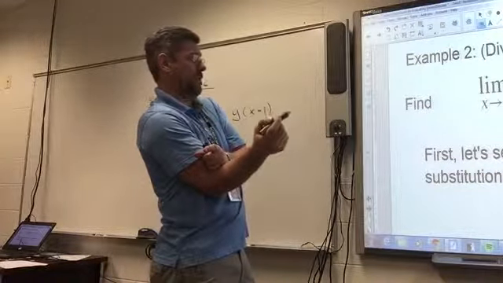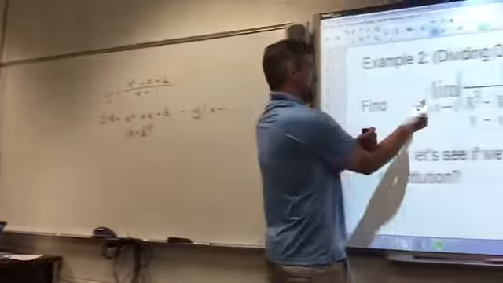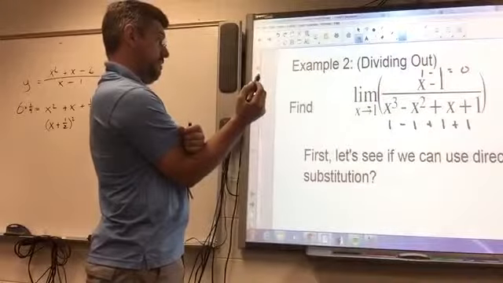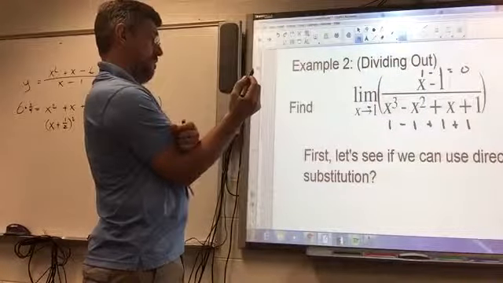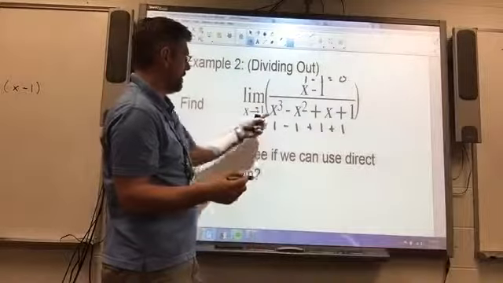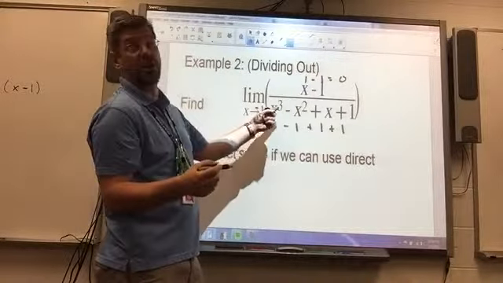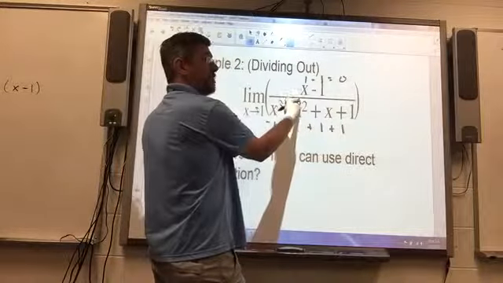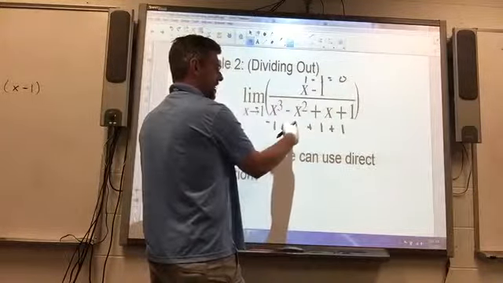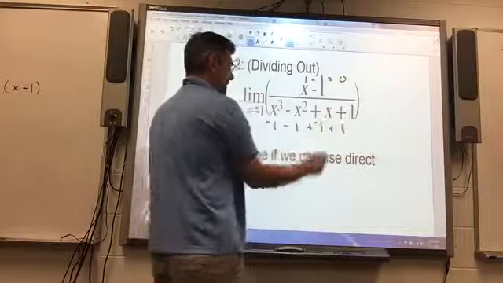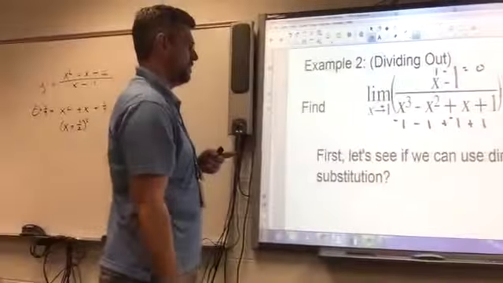I think this is supposed to be a -1. Is that right? You get a 0. Who knows? That's -1. I think I got a typo in here someplace. So -1 cubed is -1. -1 squared is +1, but I'm subtracting it, so that's -1. That still doesn't work, does it?